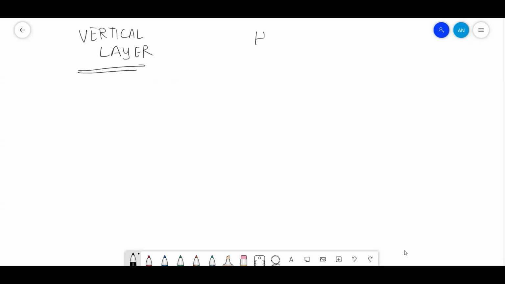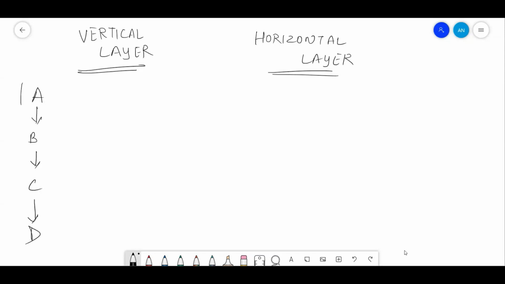It is not talking about horizontal layer. Let me give you an example first. Vertical layer, here it means A, B, C, D. This is the holding company. B is a subsidiary of A company. This is the first layer. C is a subsidiary of B company. That is the second layer.